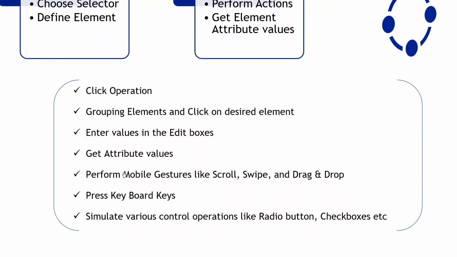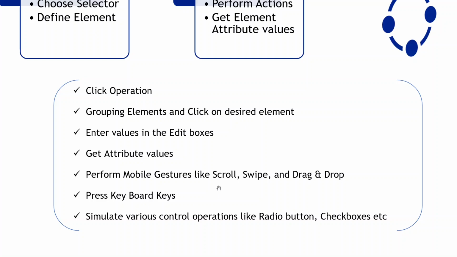These are the basic things. Not only basic, whenever you are starting any kind of app, these are the key operations on a day-to-day basis that we automate in corporate assignments. So you can see the click operation, grouping elements, click on the desired element, enter values, get attribute values, and perform mobile gestures.